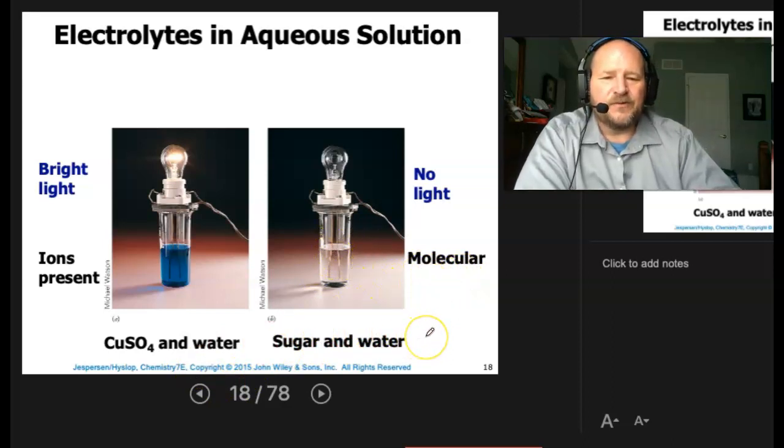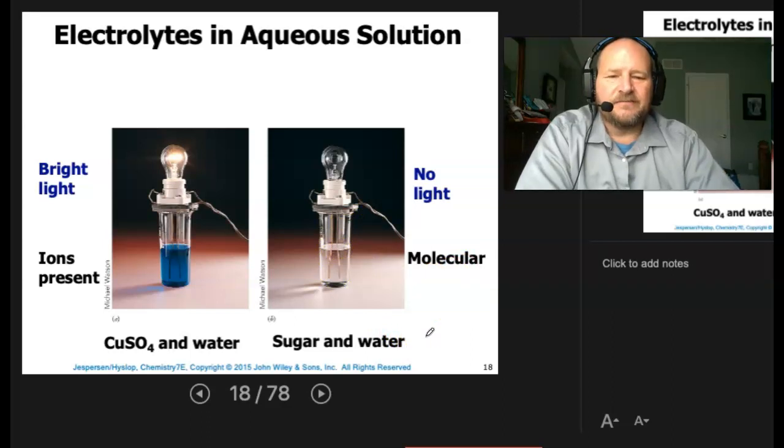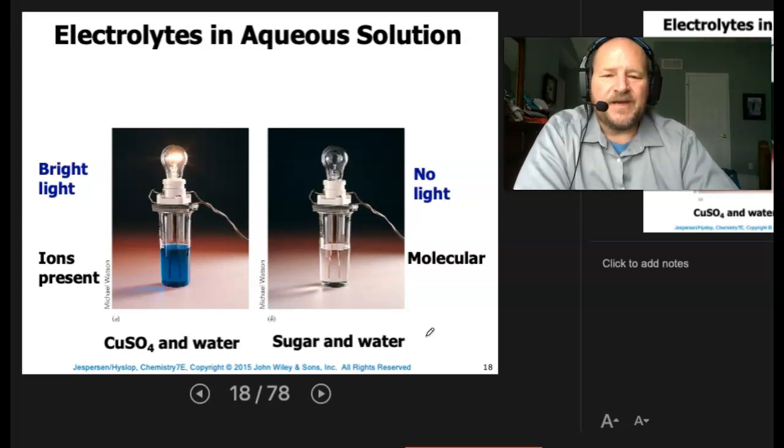Now I know you've been told ever since you were a little child, probably, to stay out of the water during a lightning storm. All right, now that can really mess with us here in chemistry because what I need you to know is water is not a conductor. Water is not a conductor. Now the reason why you can't be in water during a lightning storm is because you are not water.